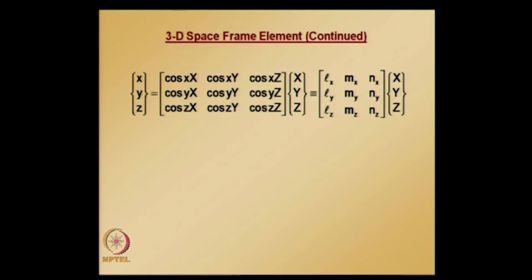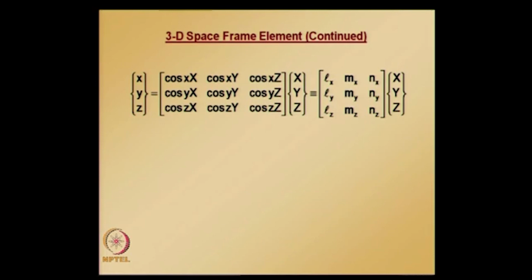The components of this rotation matrix are simply direction cosines involving the angle between the local coordinate system and global coordinate system. Here, cos of, let us say, small x capital X is the cosine of the angle between small x and capital X axis, and similar meaning is applicable for all other components.